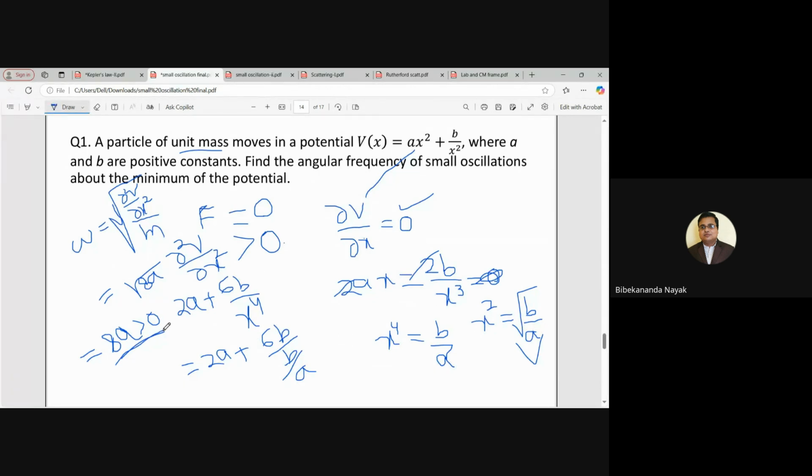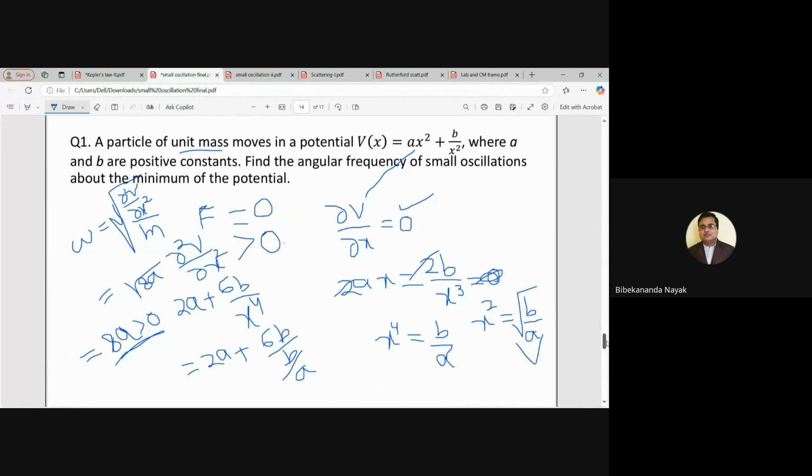Check if it is greater than 0, then it is potentially a minimum and it executes a polar motion. If less than 0, then our problem stops there. There is no oscillation. We only calculate for stable equilibrium, or for minimum potential. Okay, so using this formula, I found it.